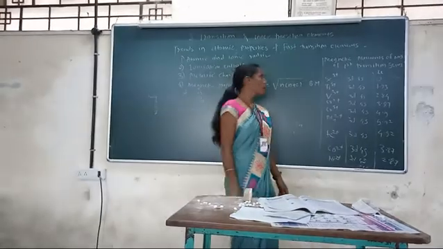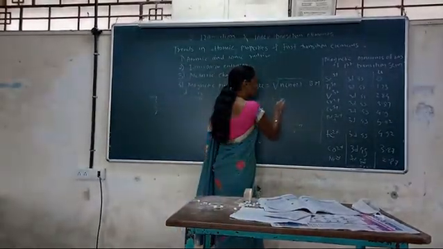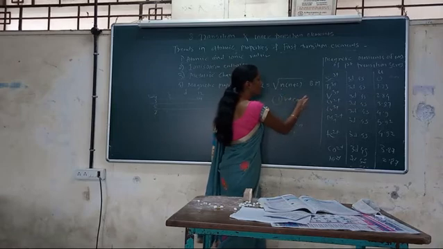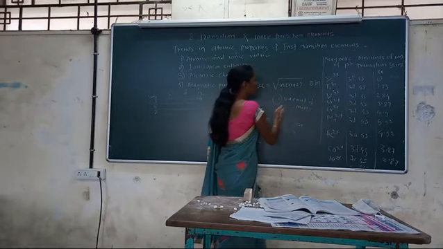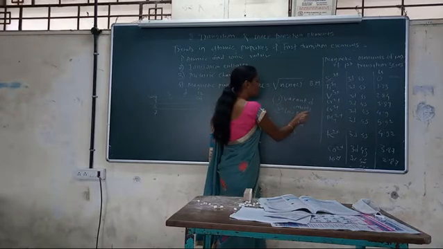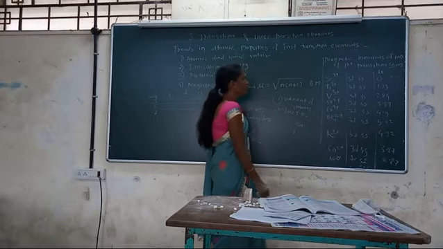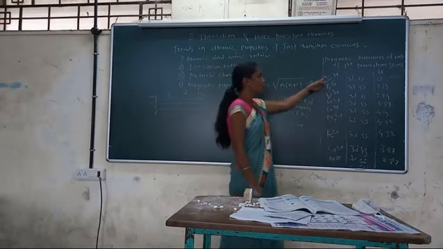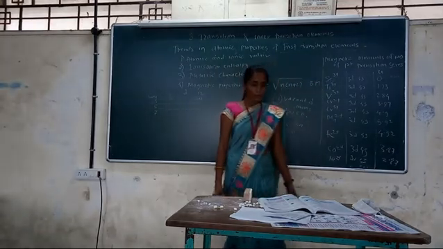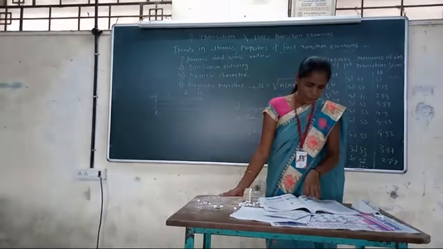The d block elements are metallic in nature for the following reasons: the first reason is the vacant d orbital, and the second reason is low ionization enthalpy. Therefore, the first transition elements are metallic in nature.